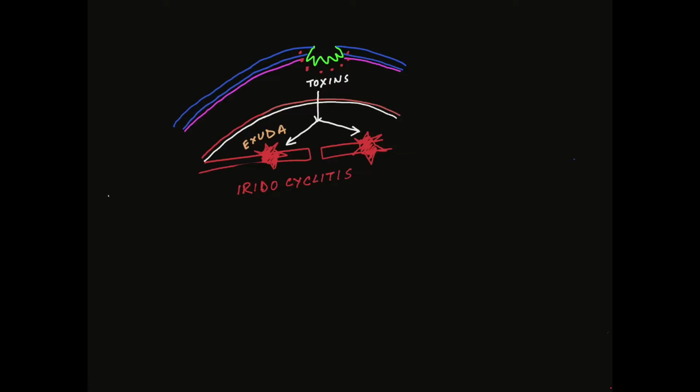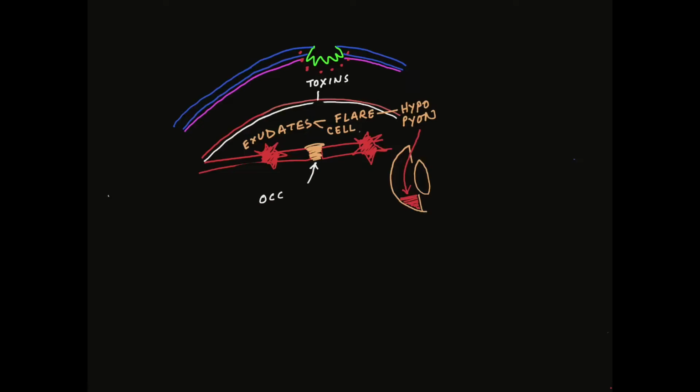And from this inflammation there will be exudate that will pour out into the anterior chamber in the form of aqueous flare and aqueous cells. If the flare is dense enough, it will collect at the dependent portion, which is called hypopyon. That is collection of pus in the anterior chamber.